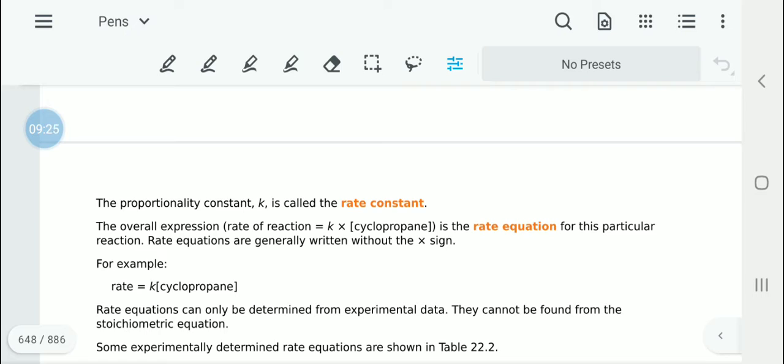This expression, rate of reaction equals k into cyclopropane concentration, is called the rate equation for this particular reaction. This is only for this particular reaction. We write rate equations without writing the multiplication sign. So as a result, rate equals k[cyclopropane].